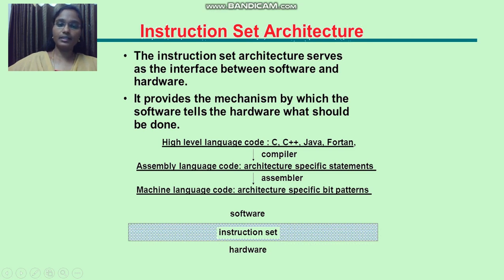We can write the software in the form of high level language programming like C, C++, Java, etc. Now this is compiled, and we get the assembly language codes, and that will be converted into the machine language code using the assembler.